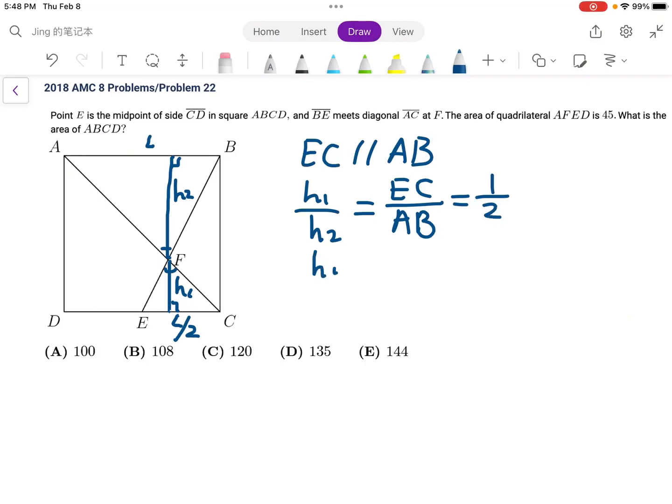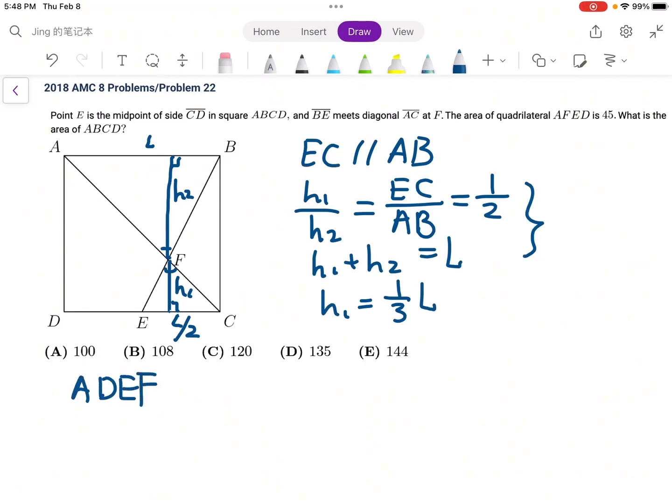Because H1 plus H2 equals L, we can solve these two equations and we get H1 equals 1/3 of L. Now if we add the area of ADEF and the area of triangle ECF, it equals half the area of the rectangle, that's 1/2 L squared.